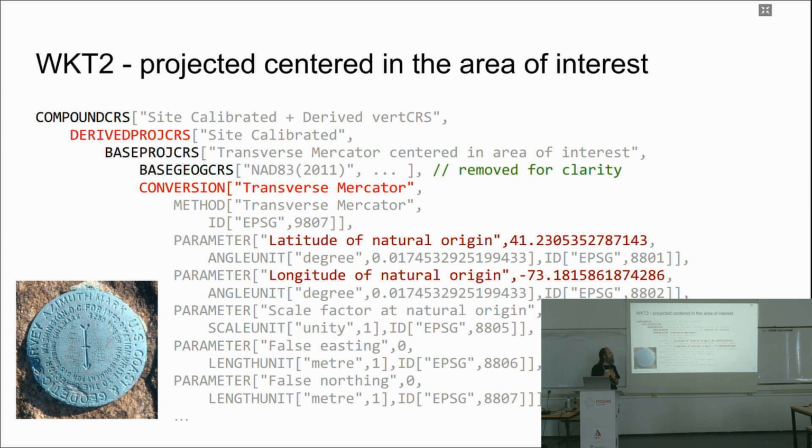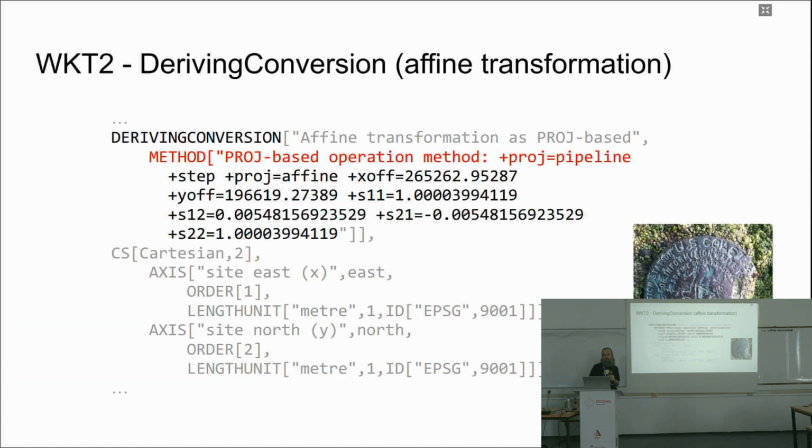It's really interesting that the origin of this projection is where we want to work, in the construction site, in your backyard, or wherever you are going to define those points. And on top of that, because it's a derived projected CRS, we have a deriving conversion. These are the parameters I showed you before, the offset, rotation and scale embedded in this matrix, in this case with this PROJ-based operation method.